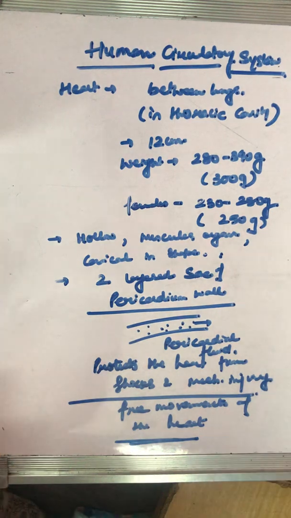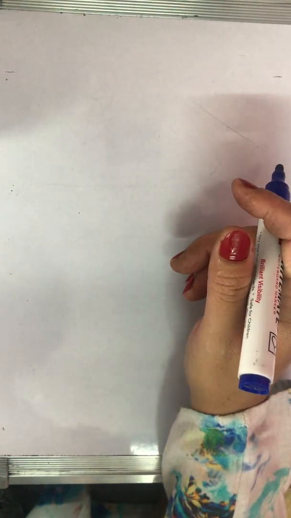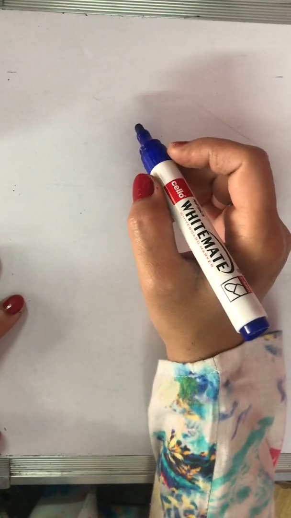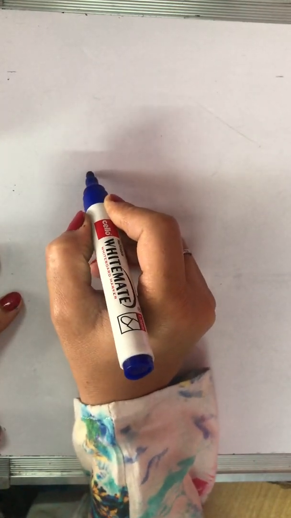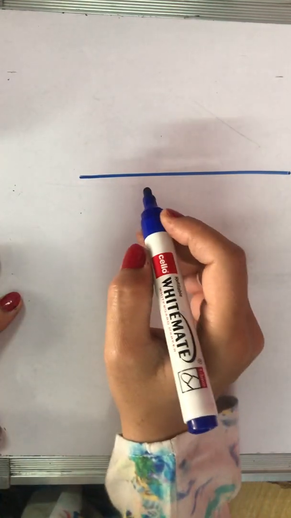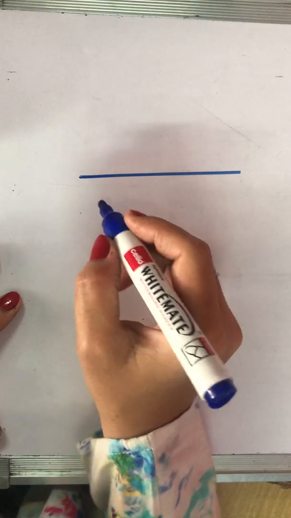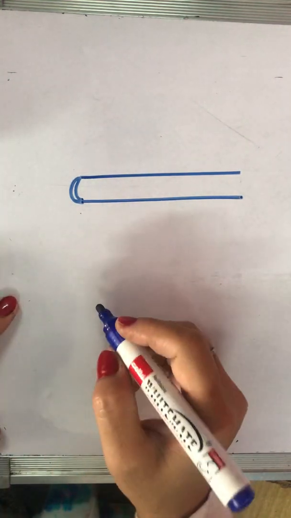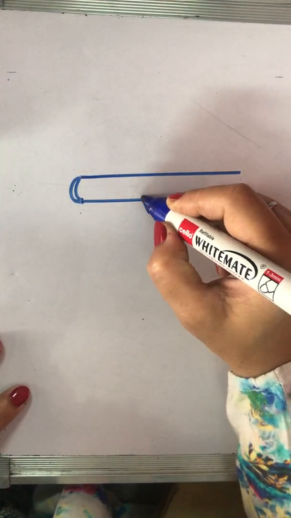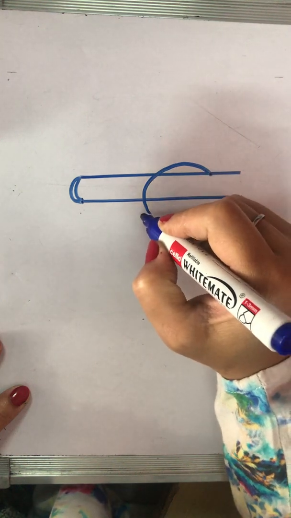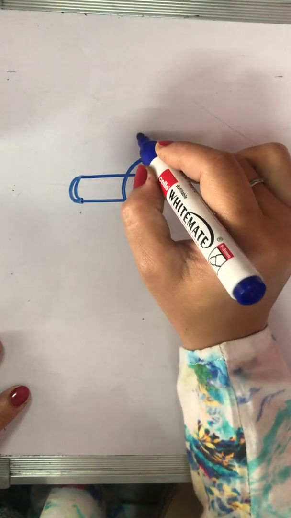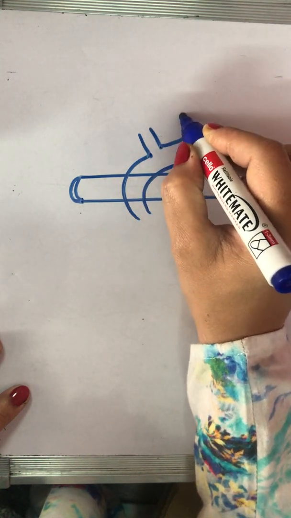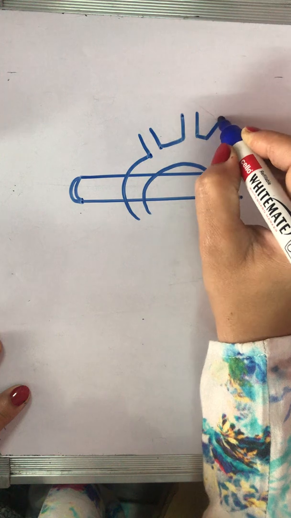Coming to the structure, what does the structure look like? How do we have to draw the structure? For that, I'll go a little slow so that you all can draw side by side. Now see, first we have to start with this line. Okay, I'll draw it till here, and then another one. Now I will be drawing a major line above it, showing various blood vessels connected to it.